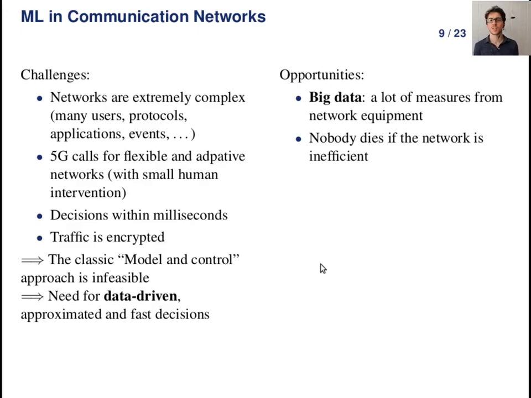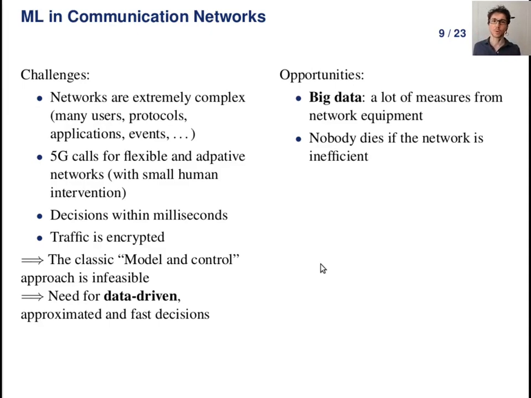So why is machine learning particularly relevant in communication networks? First, because we can say networks need machine learning, because nowadays networks, if you think about the internet, are extremely complex. There are a lot of human users. Nowadays, machines are also becoming important actors of the internet. They communicate with each other on the network.